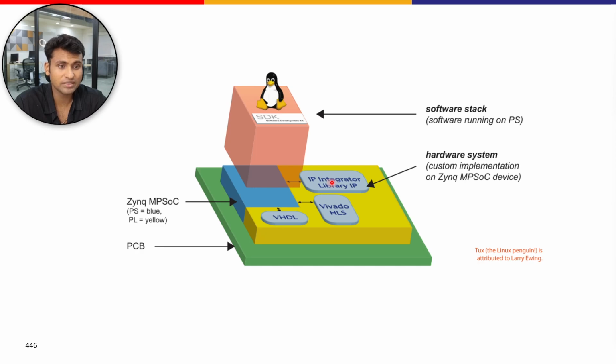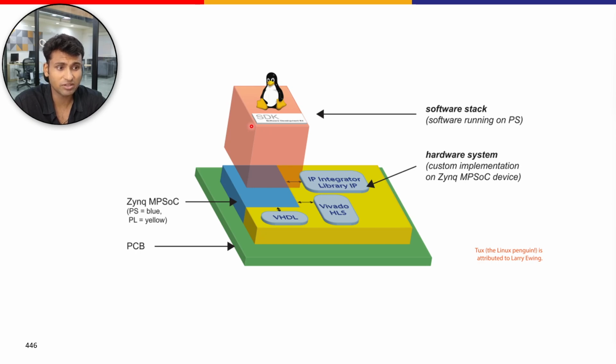The IP integrator library consists of IPs and other hardware components which are created by Xilinx, or can be created using Vitis HLS, and are integrated together using the IP integrator tool. It helps in connecting different IP blocks, defining the interfaces and managing the data flow between the different IPs in the programmable logic.